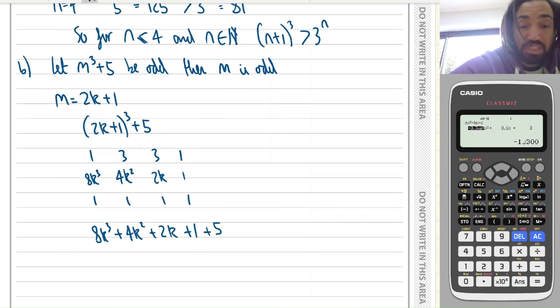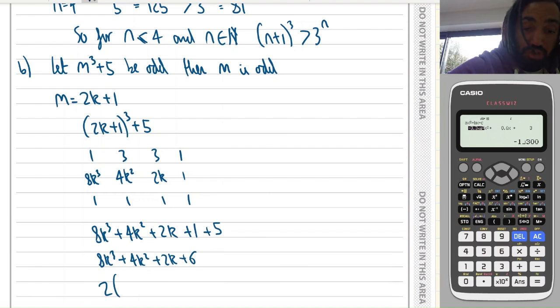Okay, so this is obviously going to be even, because you can see here that all of the terms are divisible by 2, and I can prove that by just writing a 2 outside.